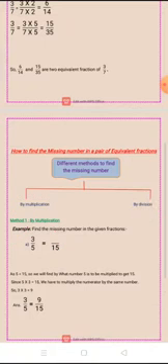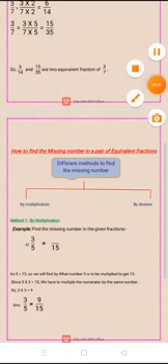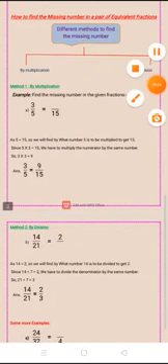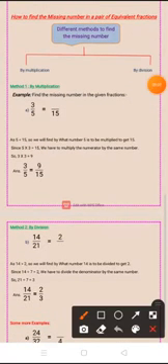So let's clear this idea. Come to the first example. Here 3 by 5 is the given fraction, and in the second fraction the numerator is missing. So we need to find the numerator.